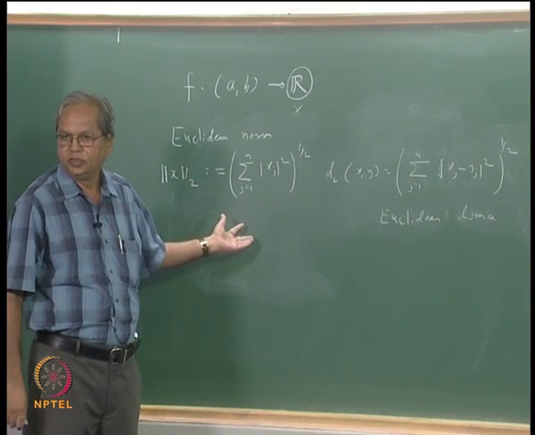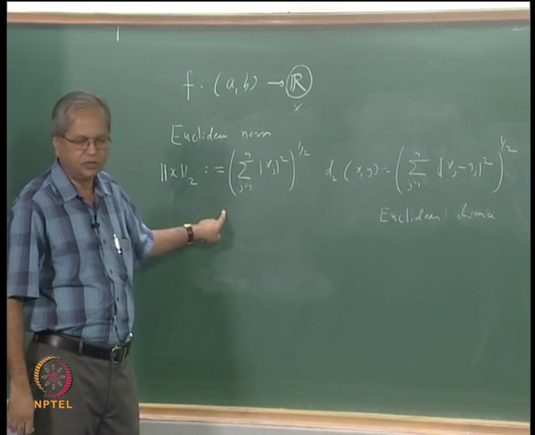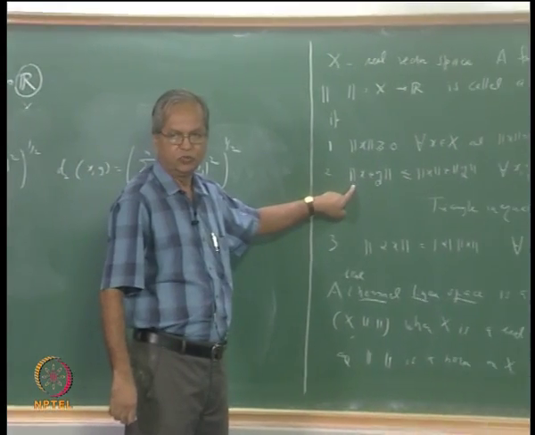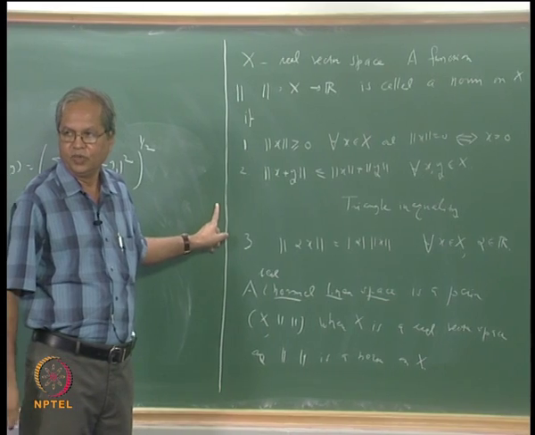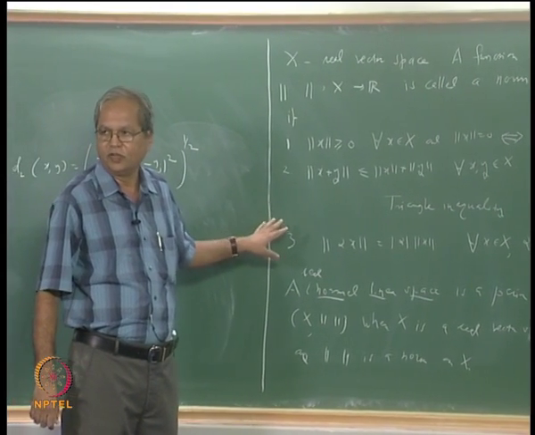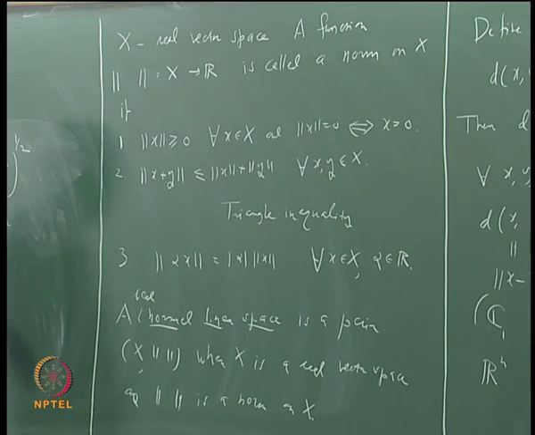The proof that this norm satisfies the triangle inequality requires what is called the Cauchy-Schwarz inequality, followed by the Minkowski inequality. Those are very well known inequalities. We shall not go into the proofs of those, but using those inequalities one can show that the triangle inequality is satisfied by this function.